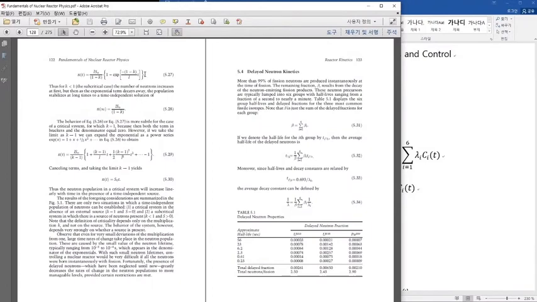And what we realize is that when k is smaller than 1, the subcritical case, and if we have some constant external source, then we are going to have some time-independent neutron density.